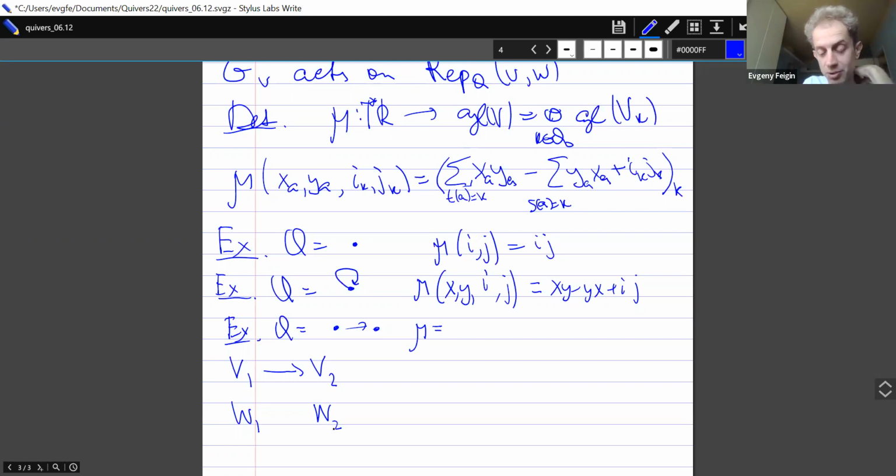These are vectors V, W from our settings. And we also have a map X from V1 to V2 and the map Y. And here we have maps in two directions, I's and J's. So the question is, what is mu applied to X, Y, I1, I2, J1, J2? Just by definition.